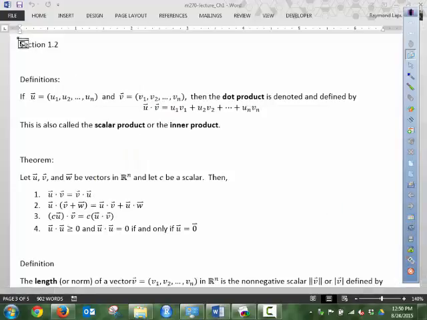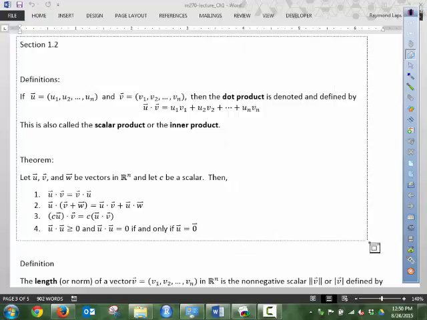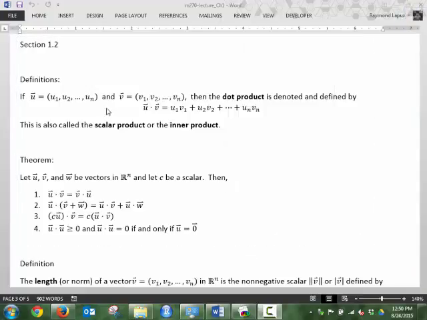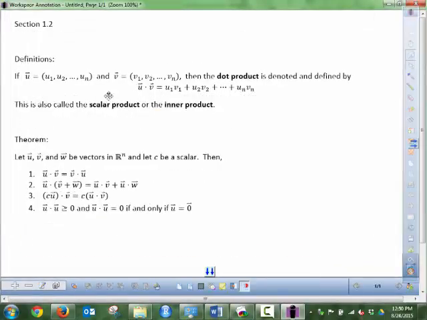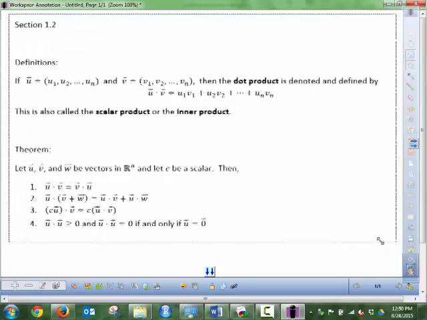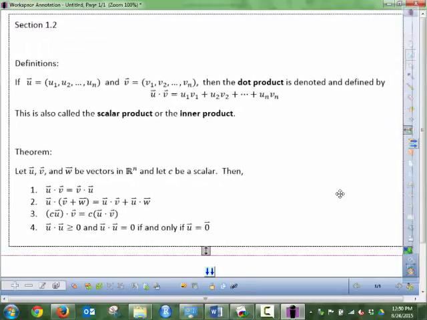We'll start off with some information that's already been presented, and then throw in a set of properties. And then we'll talk more about the geometry of the dot product and a few implications.